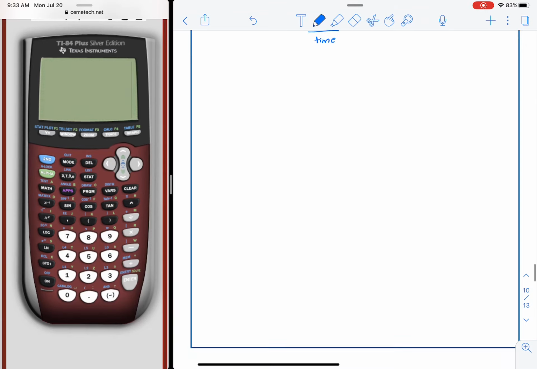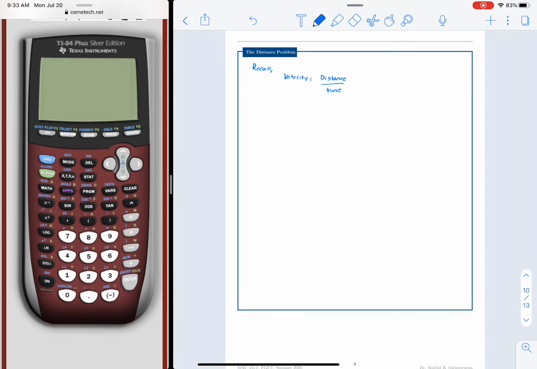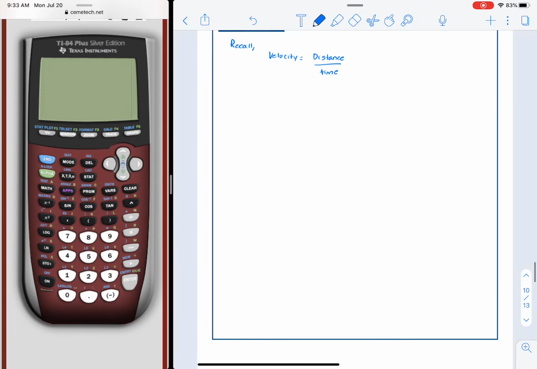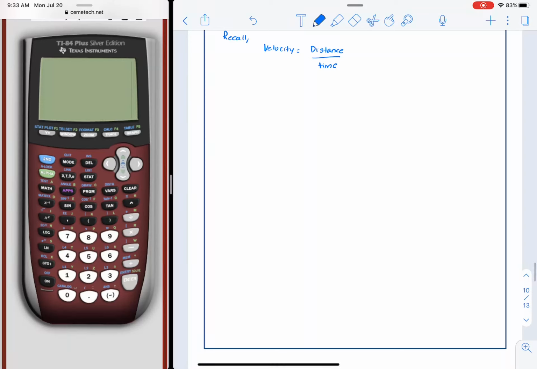But that perhaps is the definition in physics, but in reality, when we quantify velocity, we end up saying, okay, velocity is how distance changed with respect to a time change. So this is actually the change in distance divided by the change in time.